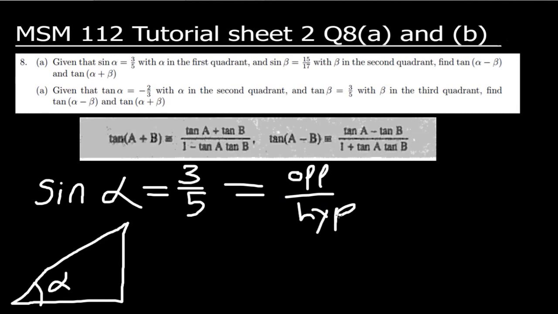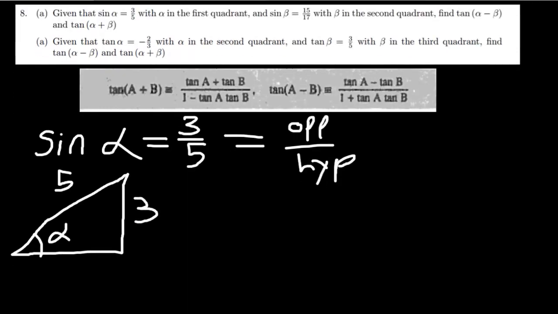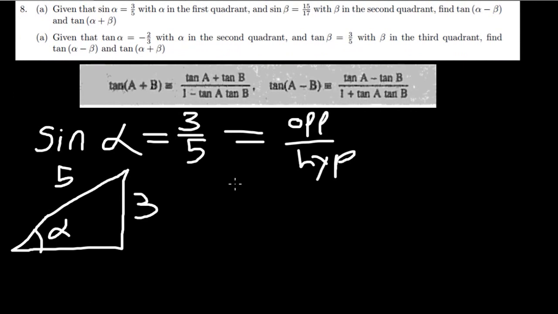This is our sine theta, so this 3 is opposite. I'm going to put 3 on this side, and this 5 is my hypotenuse. Then when you use Pythagoras' theorem, you discover that 5 squared minus 3 squared gives 16, and the square root of 16 is 4.